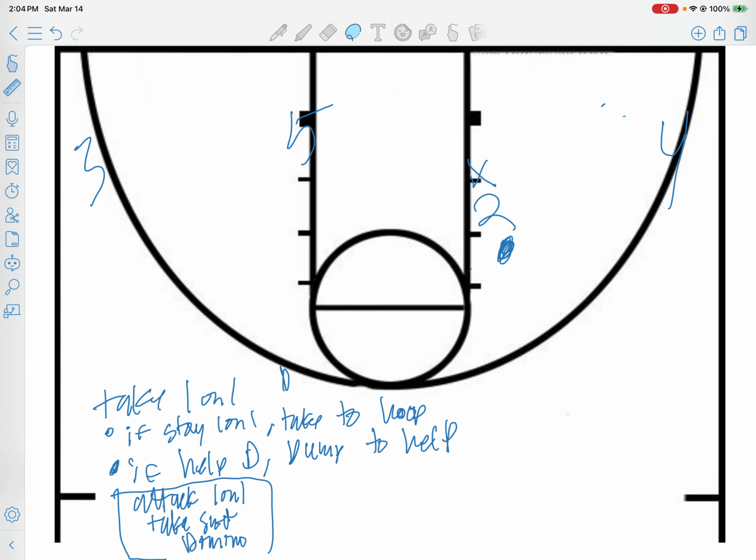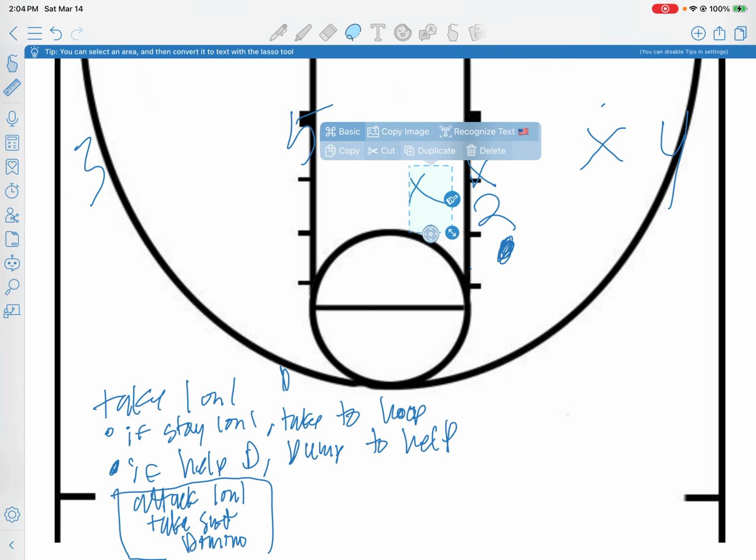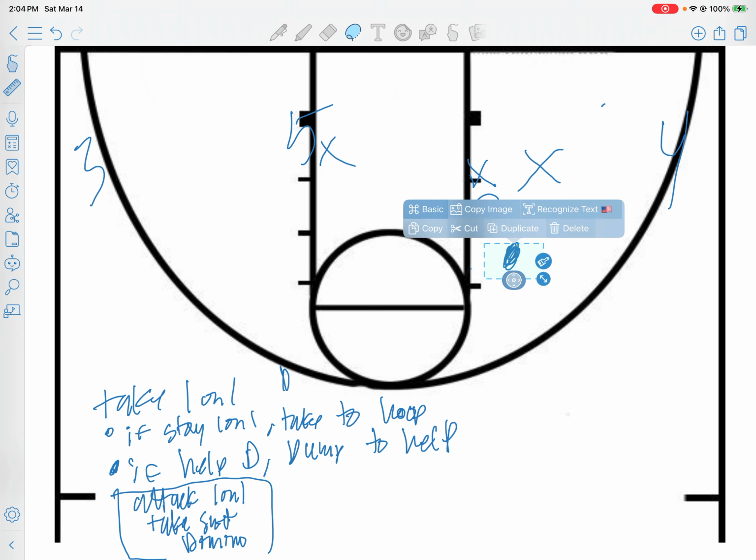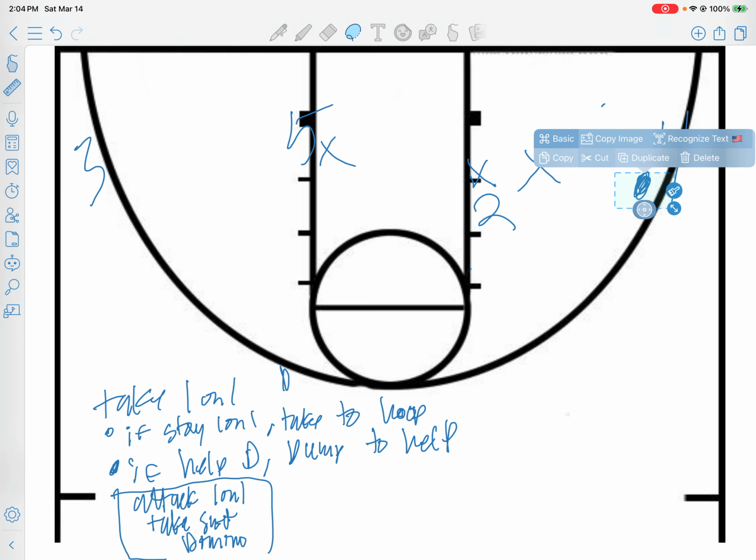If the help comes over, the 5 side helps, you dump the ball off to the 5. If the 4 side helps, you dump the ball to the 4. Okay, so just keep those 2 points in mind.